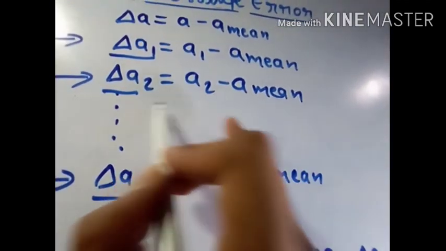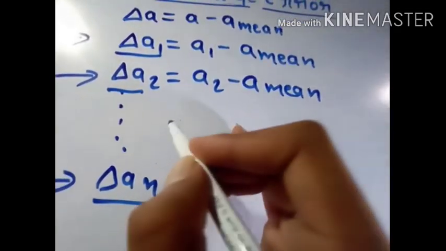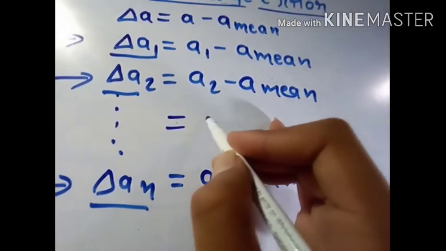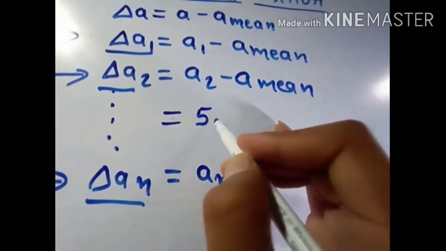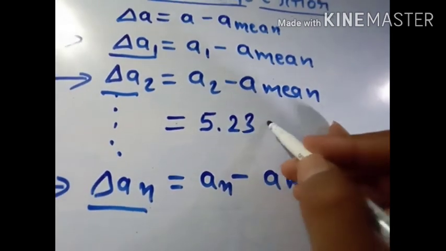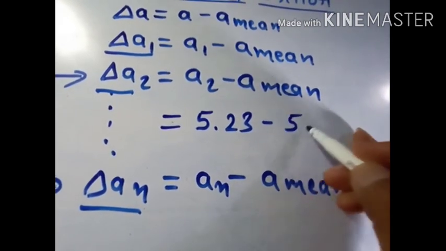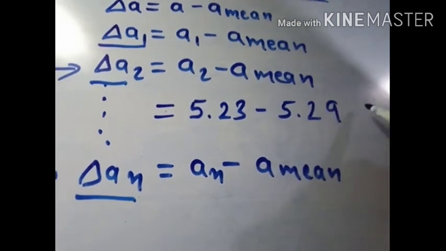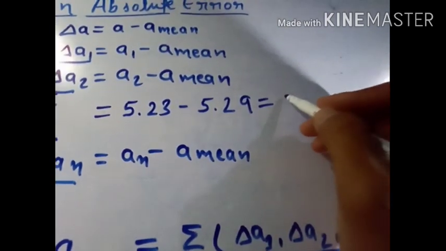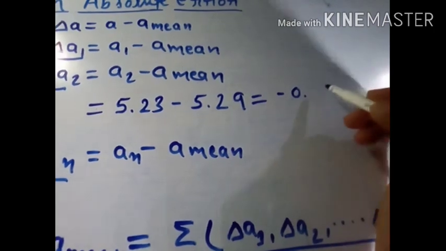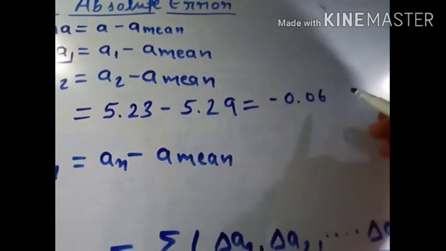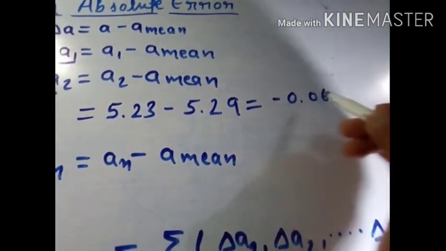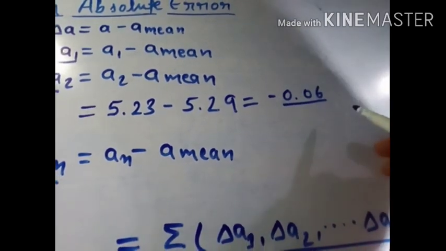Suppose, this is just an example, you have calculated 5.23 minus 5.29, and this is equal to minus 0.06. Understand? So leaving the minus sign, you will take only 0.06.